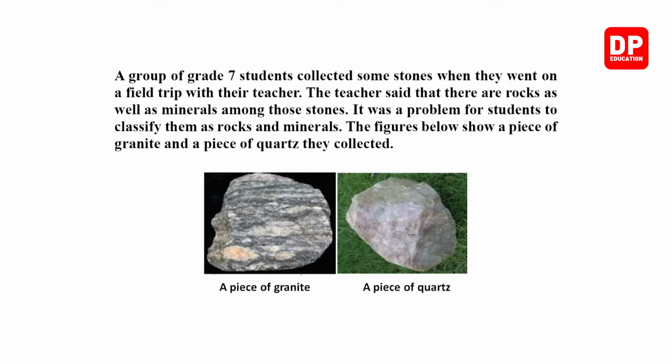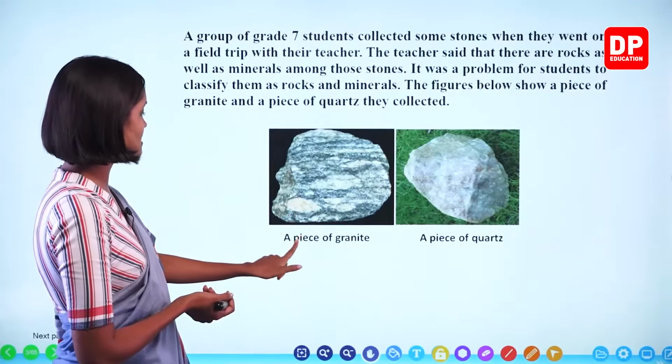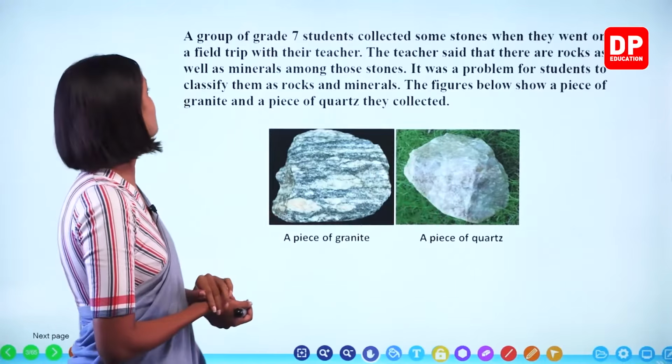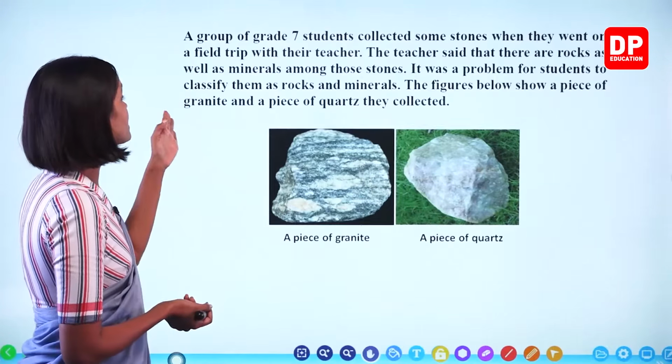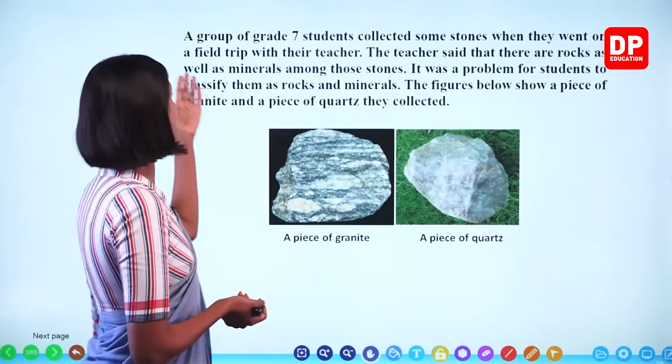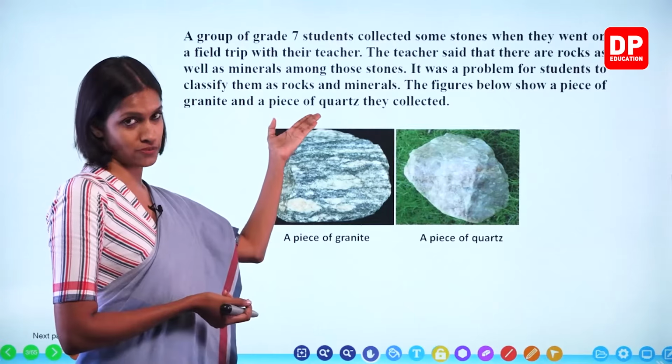Go through this description. You can see 2 pieces of what look like rocks. Here is given a piece of granite and a piece of quartz. A group of grade 7 students collected some stones when they went on a field trip with their teacher.